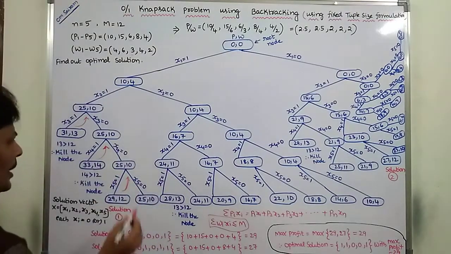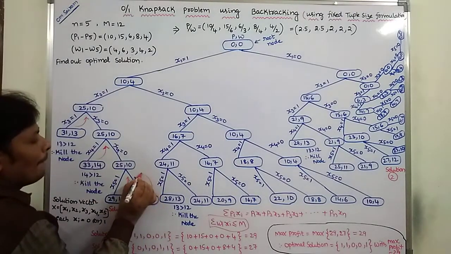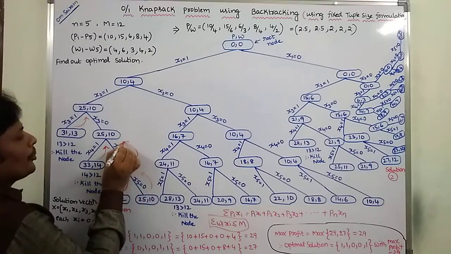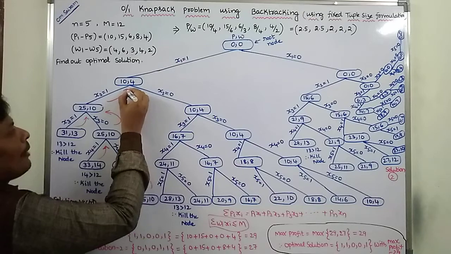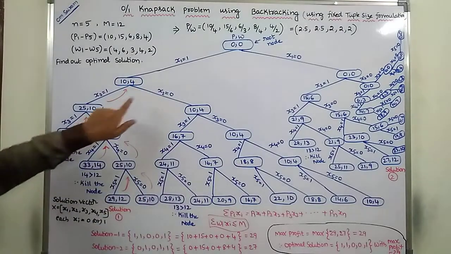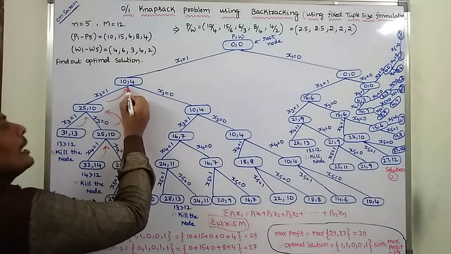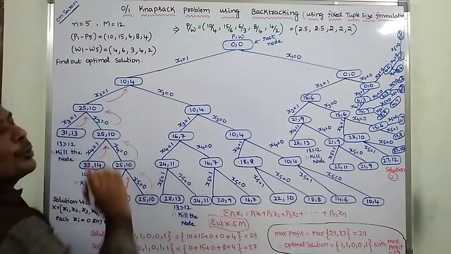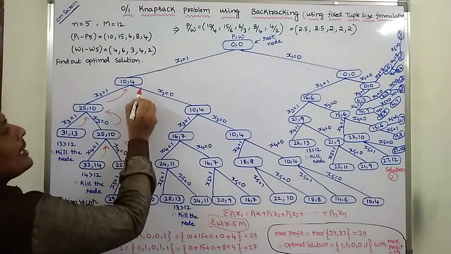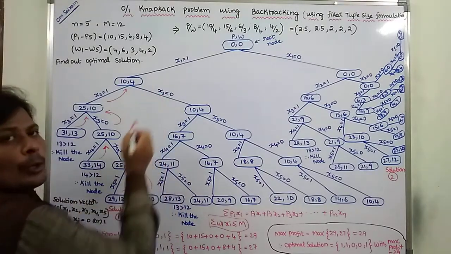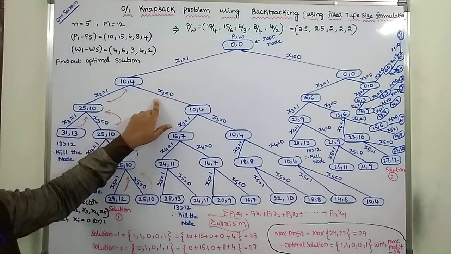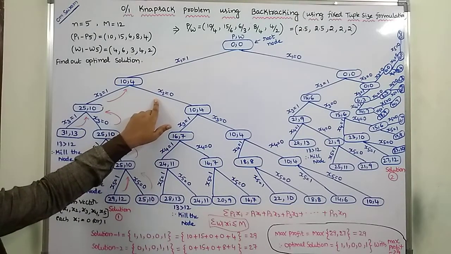Now again we have to backtrack, again and again. Now we go for this one. Here on the left hand side x2 is equal to 1, on the right hand side x2 is equal to 0. x2 is equal to 0 means the second object is not considered.